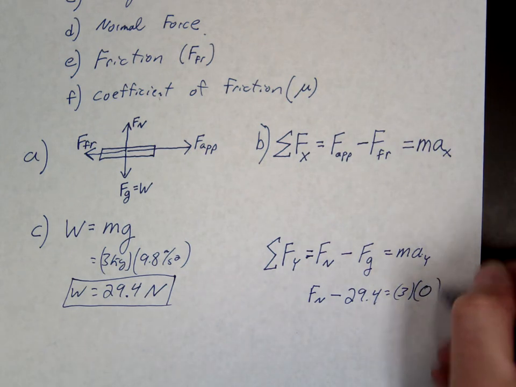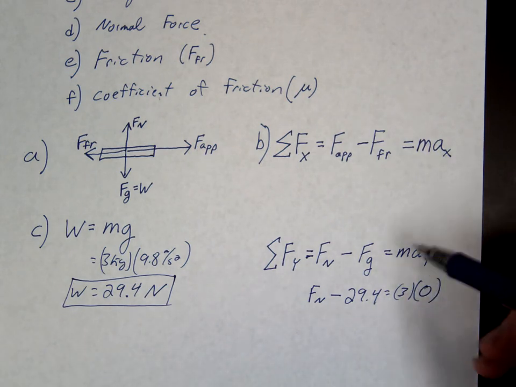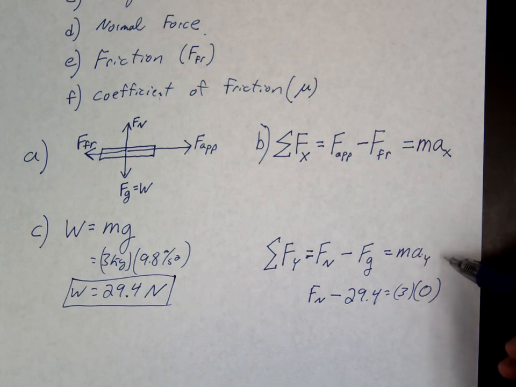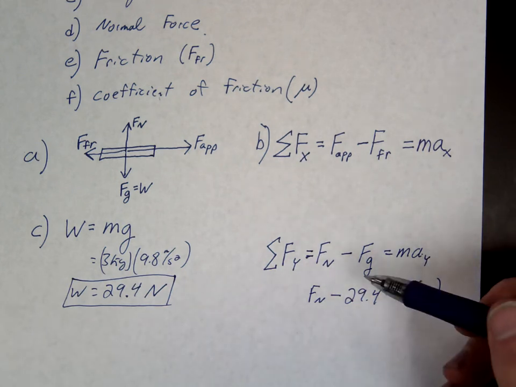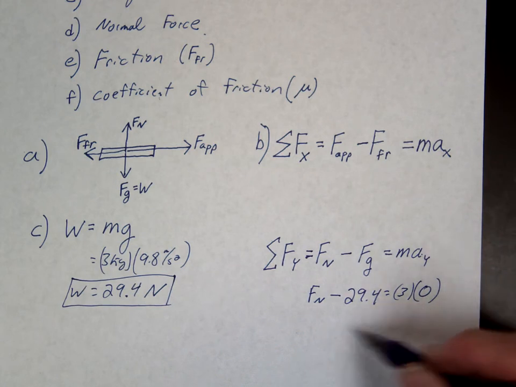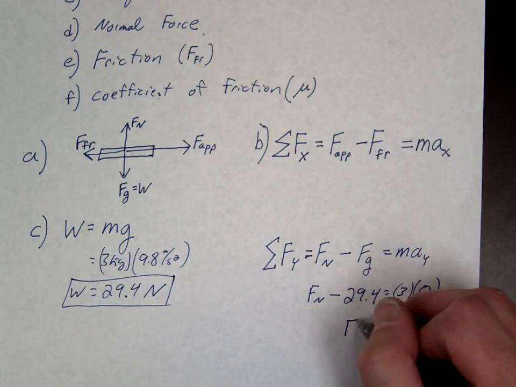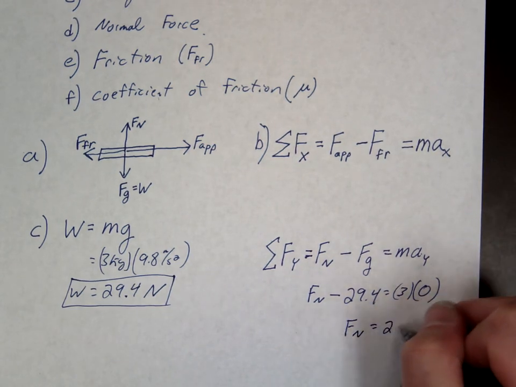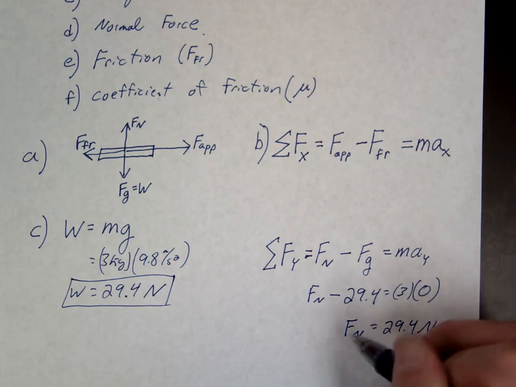So A is going to be 0 here. AY is going to be 0. All the motion is horizontal. If there was a vertical A, then it would be jumping off the table or going through the table, but none of that's happening. So notice what's our normal force going to be? It's going to be the same as the weight.